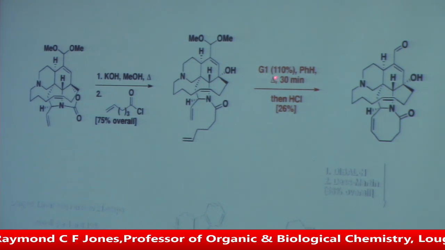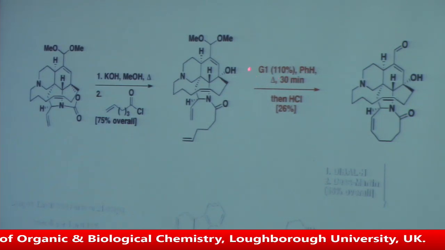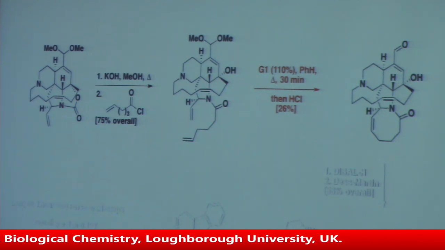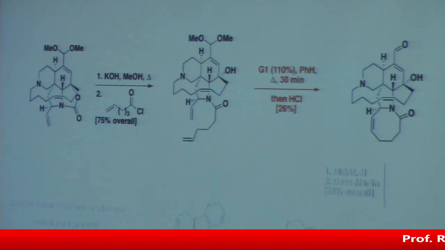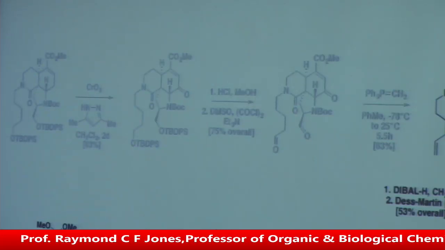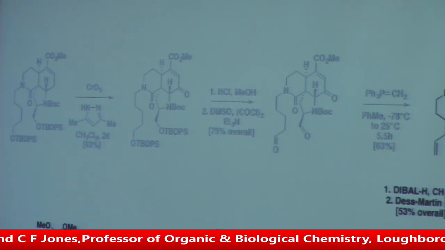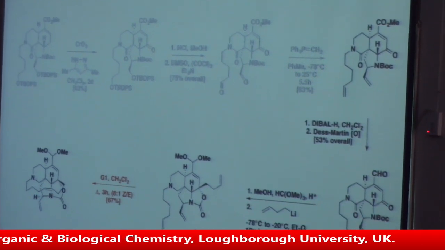Once again, Grubbs' first generation catalyst worked here, but you'll notice quite a lot of it was used. You might argue that at 110% it becomes a reagent rather than a catalyst. But if you look at the probability factor in the previous slide, the middle one, the two alkenes are at the two ends of a molecule.